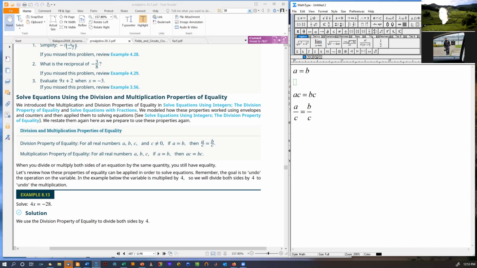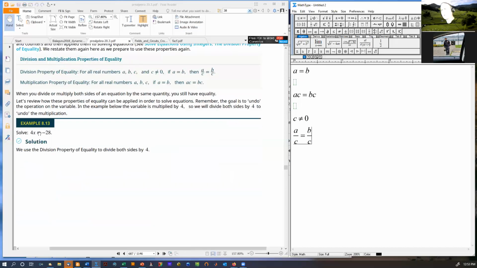If C is 0, that's not true, because whenever you divide by 0, the answer is undefined. So that's only true for C not equal to 0. I'm sure they mentioned that. Yeah, for C not equal to 0, if A equals B, then A divided by C equals B divided by C. Okay.